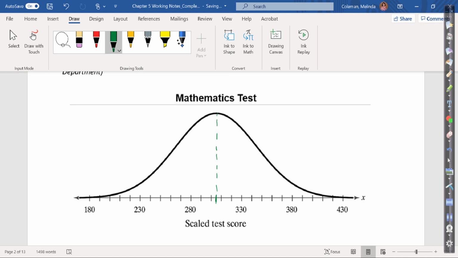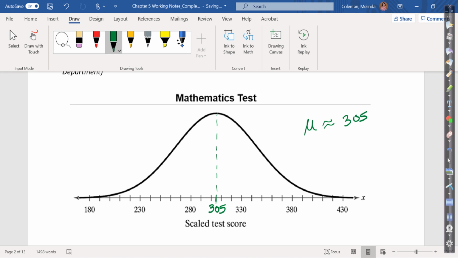So my scale is going to be somewhere between 280, 290, 300, 310, 320. So somewhere around 305. So my mean is estimated to about 305.